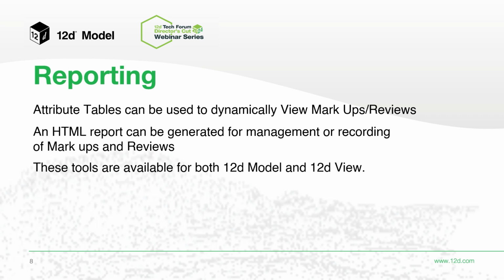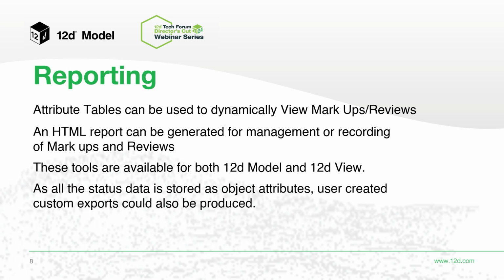These tools again are available for both 12D Model and 12D View. As all the data is stored as object attributes, you could potentially create your own export formats or your own macros to do custom reporting yourself.